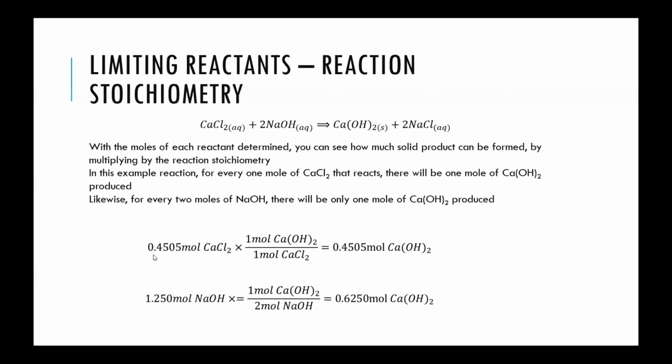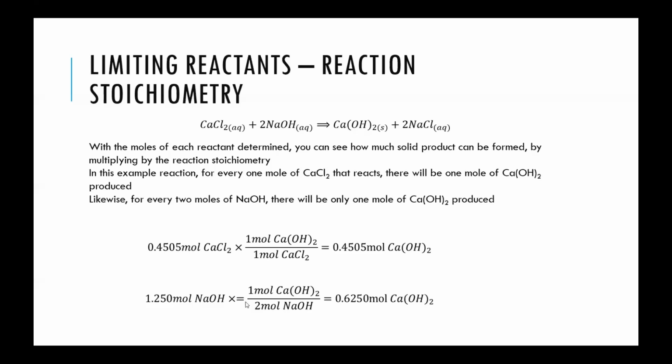So if you have 0.4505 moles of calcium chloride, that generates 0.4505 moles of calcium hydroxide. They're the same because it's 1 to 1. With the sodium hydroxide, however, the relationship is 2 to 1. It takes 2 sodium hydroxides to react and combine to make 1 calcium hydroxide.